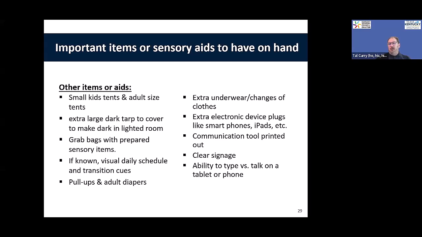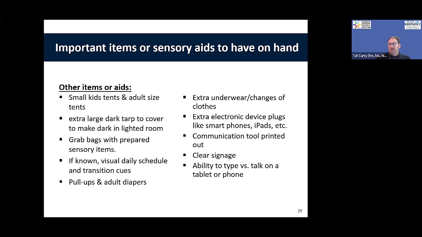Having grab bags with prepared sensory items for when there are struggles or when you know that there's going to be a transition that's going to be difficult, those could be helpful. If known, making sure a visual daily schedule and transition cues are utilized.